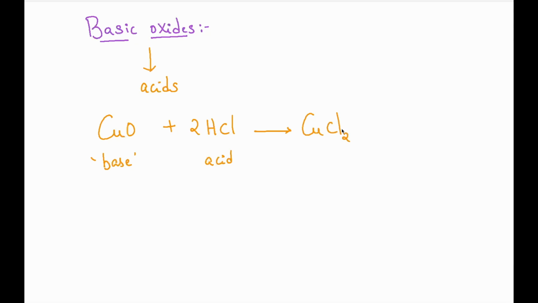So in this case, we have copper chloride plus water. As we know, the valency of chlorine is -1, so copper would exist in the +2 state, and that is what is shown here. So basic oxides usually combine with acids to form salts and water. And this is also an example of a neutralization reaction.